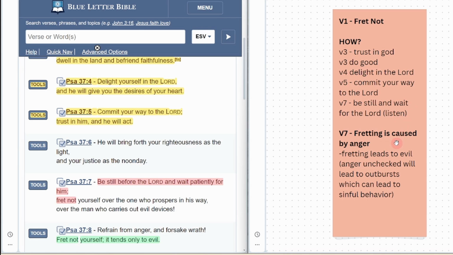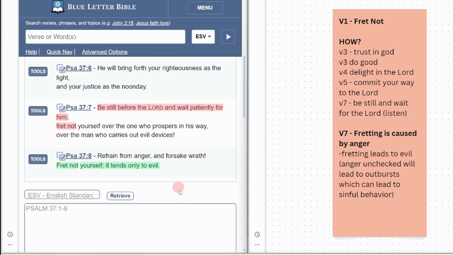Now, why is it important? What can we learn about fretting here in this last one? Well, we learn why we shouldn't do it. What is it caused by? It's caused by anger is what we learned. Fretting leads to evil, and anger unchecked will lead to outbursts, which can lead to sinful behavior.